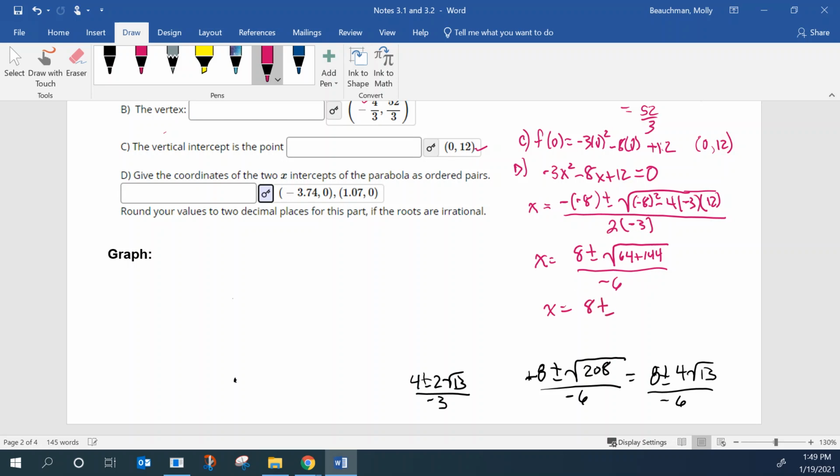That'll be 8 plus or minus the square root of 208 over negative 6. 16 goes into 208. That's the square root of 16 times 13, which gives us 4 times the square root of 13. And that's what I've got down here. Let me erase this piece.